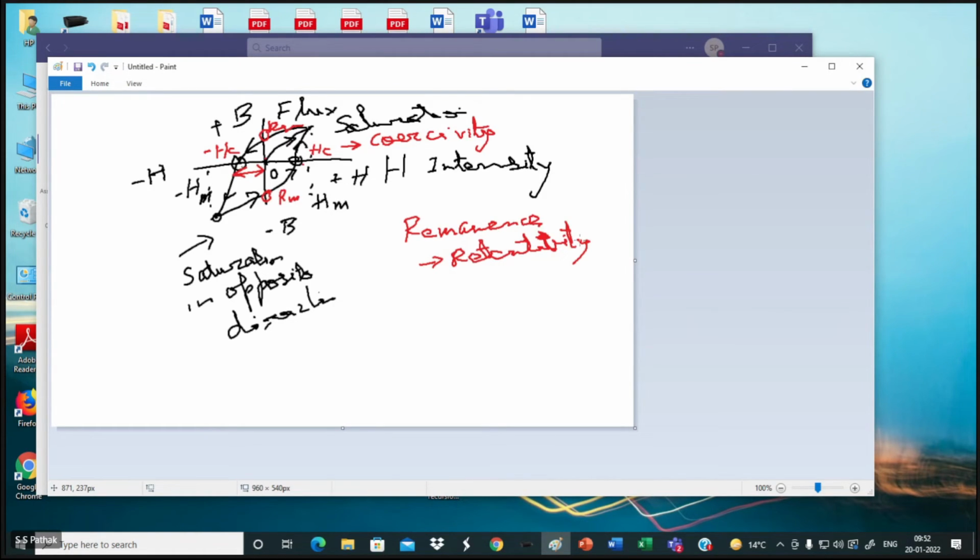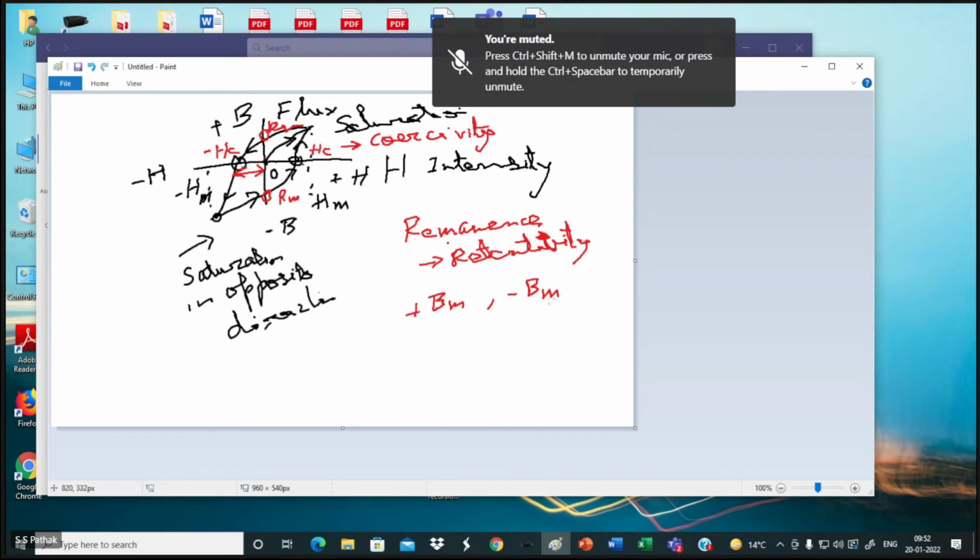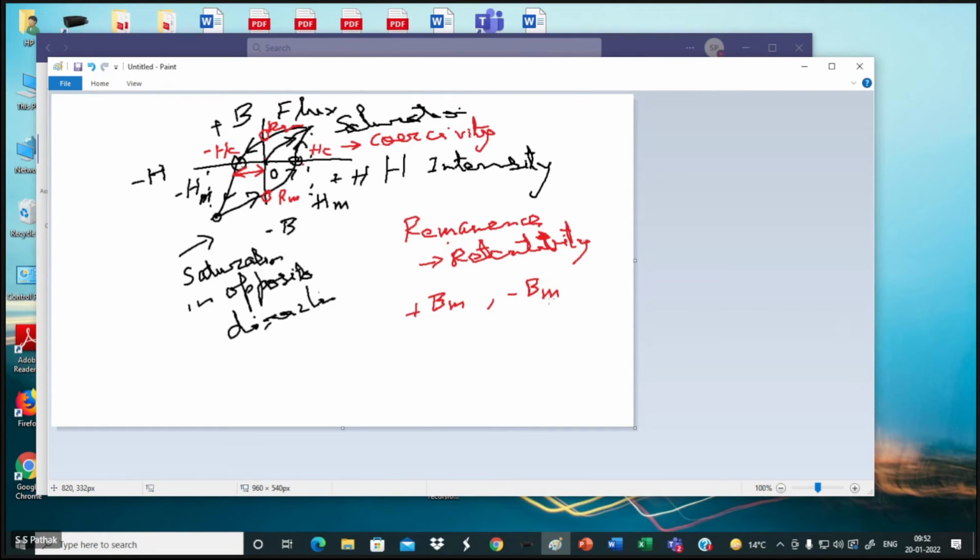Now what are the things? There is one plus Bm, the magnetic flux in the positive direction. There is one minus Bm, the magnetic flux in the negative direction. Then there is plus Hm, the intensity where the flux becomes maximum.